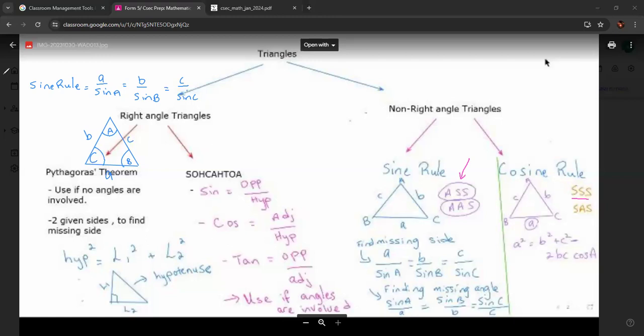All right, so let's say they gave us a triangle like this one.